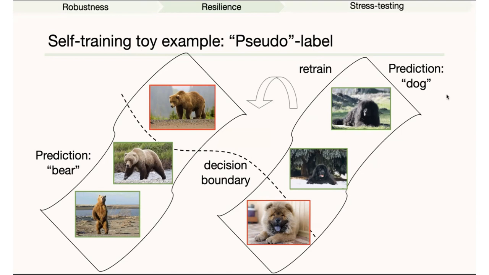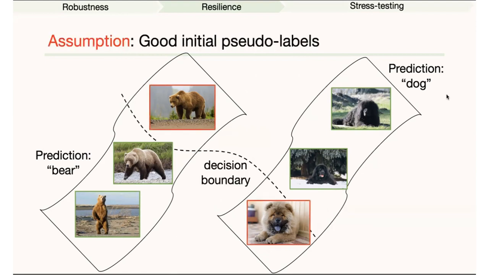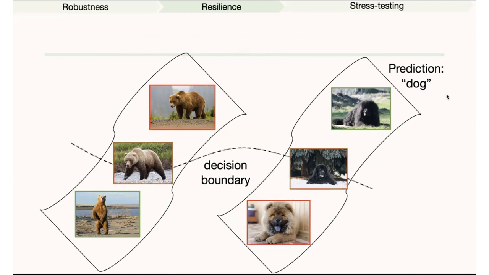You treat them as if they were real labels and retrain your model on these pseudo labels. And then you update your decision boundary. And hopefully, while doing something like entropy minimization, you'll end up in this nice case where you finally classify everything perfectly, or else you do that iteratively until convergence. So the assumption here inherently is that you have this good initial set of pseudo labels.